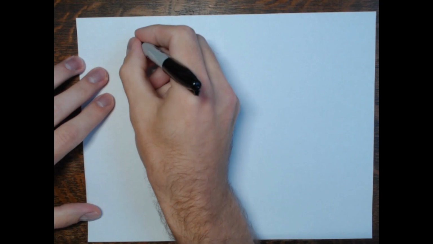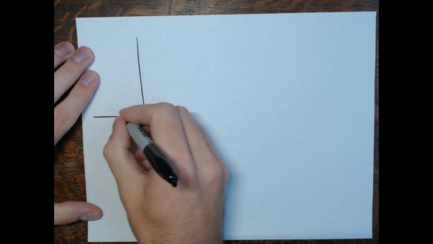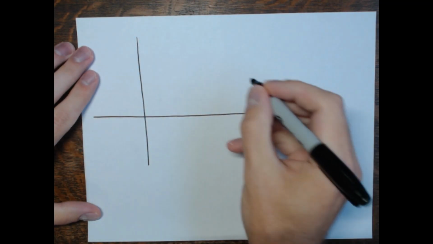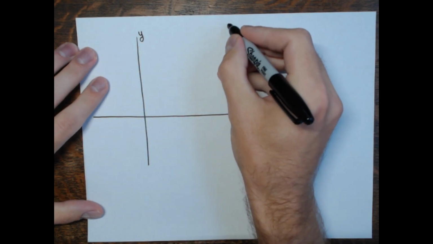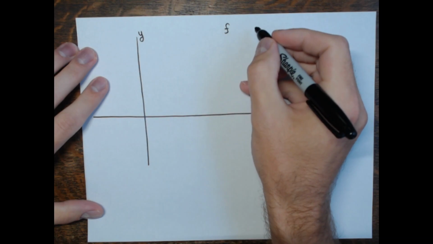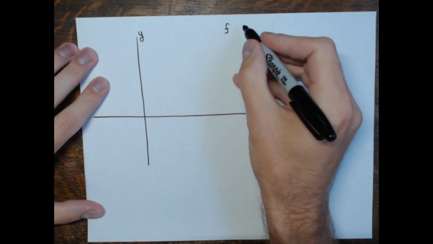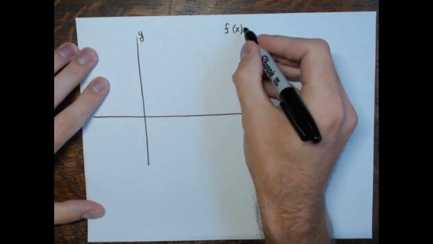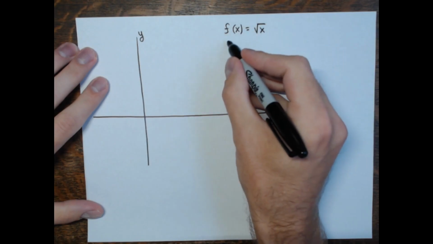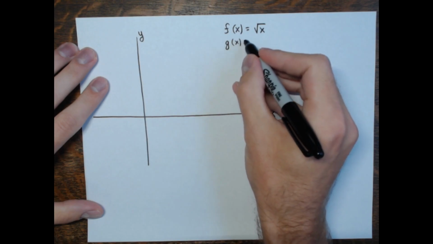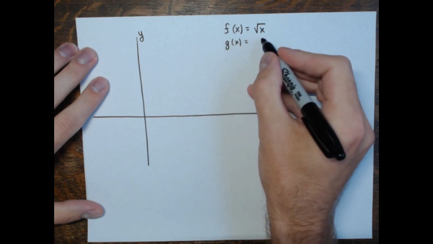So let me draw that picture. Draw the region. So the curves they're giving us says region R is bounded by the graphs, f of x or y equals the square root of x, g of x or y equals x squared.